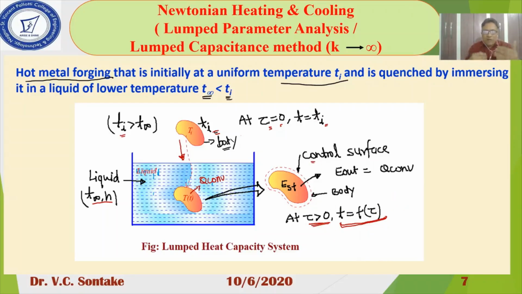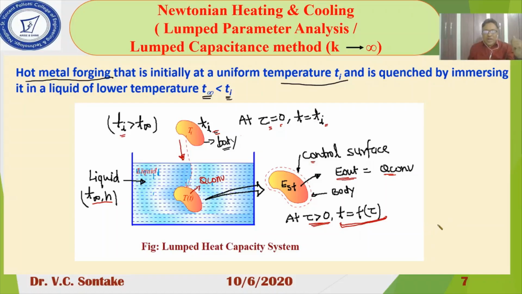Now, how is the heat transfer balance taking place in this body? Heat transfer is taking place out of this body by convection, and because of this heat transfer out of the body, its internal energy is decreasing.